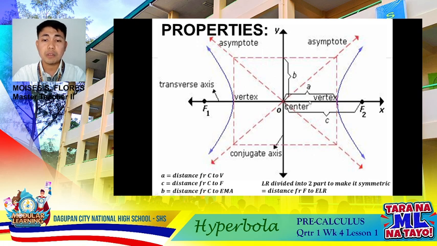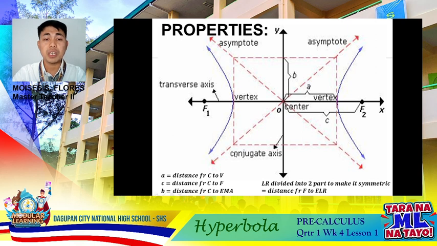So here is our vertex, we draw a dotted line there. Then from our co-vertices, you draw again dotted lines and it would form a rectangle. From there, you draw the asymptotes as dotted lines that pass diagonally through the rectangle. That is how we form an asymptote.